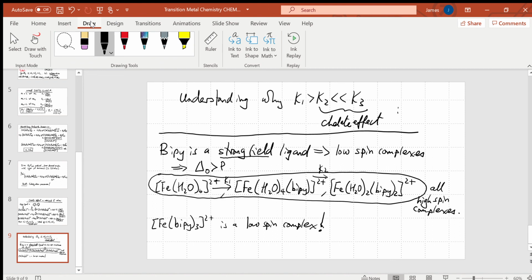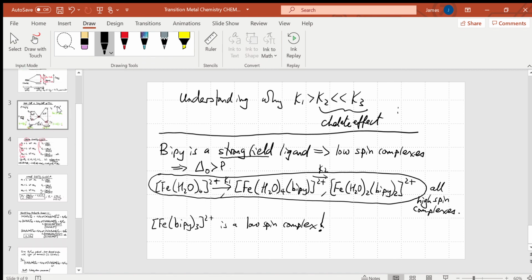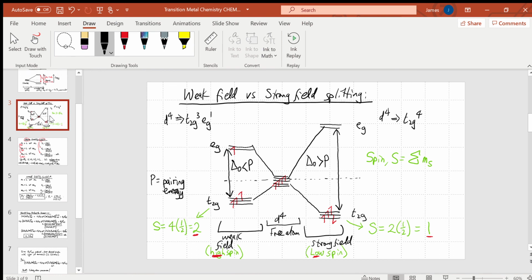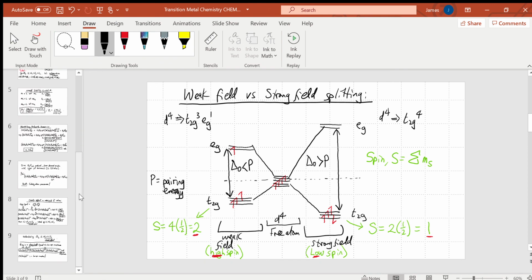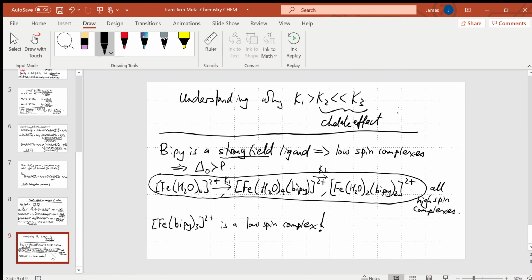Now, we haven't actually done any crystal field stabilization calculations, but the low spin complex on the right here has increased stability. So rather than being elevated above the barycenter, we've got more electron density below the barycenter and further below the barycenter. So we get this stability effect. Okay, so keep that in mind.